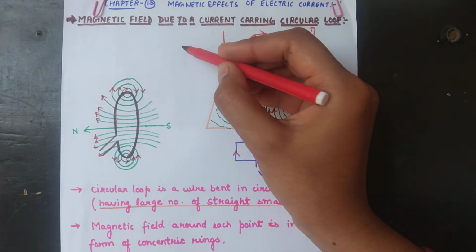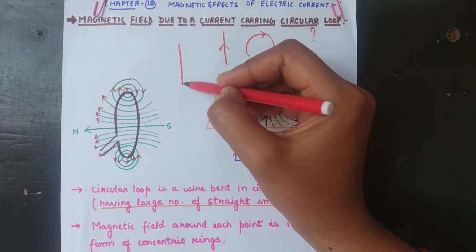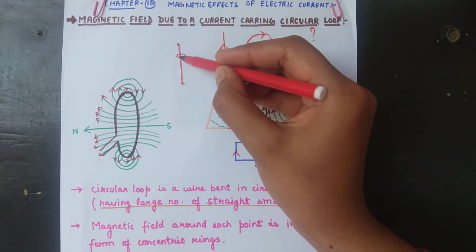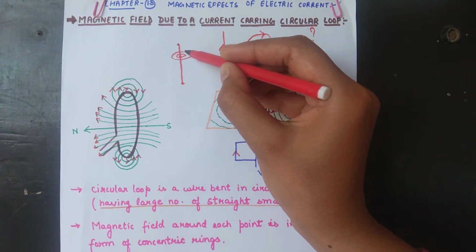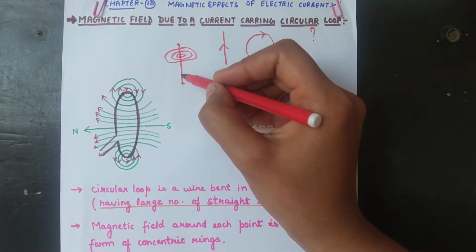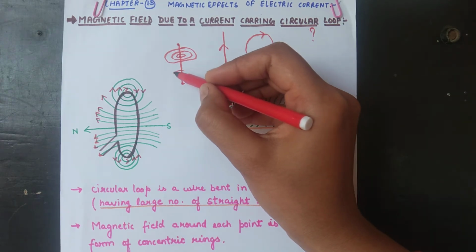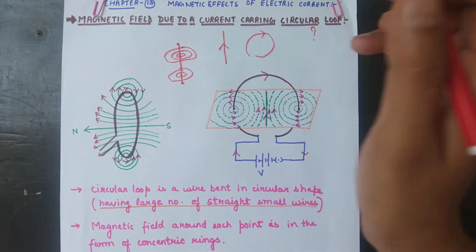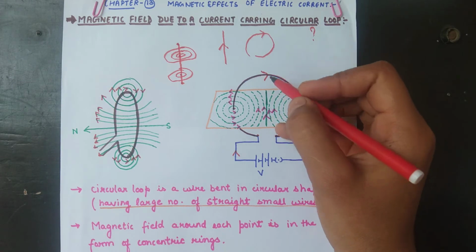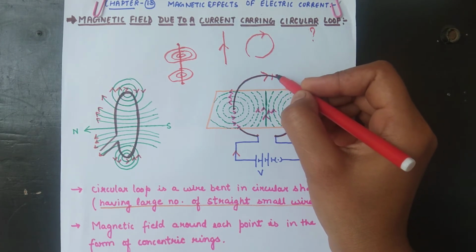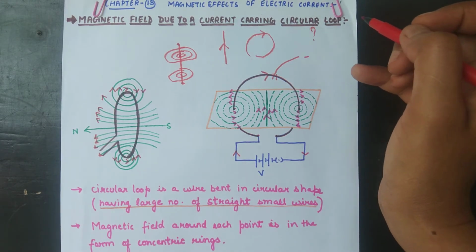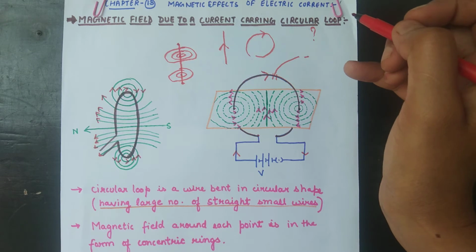We have studied that if a straight current carrying conductor is there, then around every point of the conductor the magnetic field is present in the form of concentric rings, as we studied in the previous topic. Now this is a circular loop. Suppose we take a very small part of this circular loop. The very small part of the circular loop acts like a straight current carrying conductor.